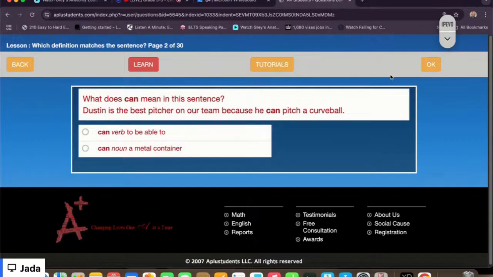Next up, Dustin is the best pitcher on our team because he can pitch a curveball. So what does can mean in the sentence?